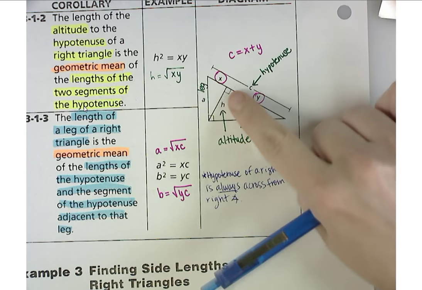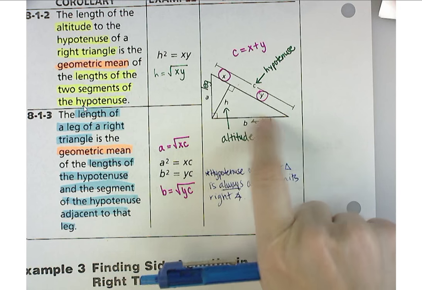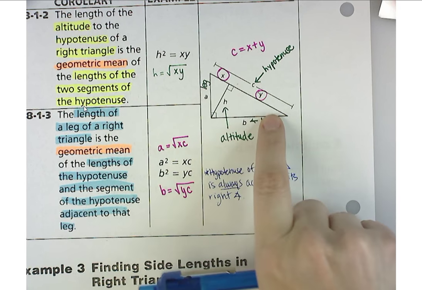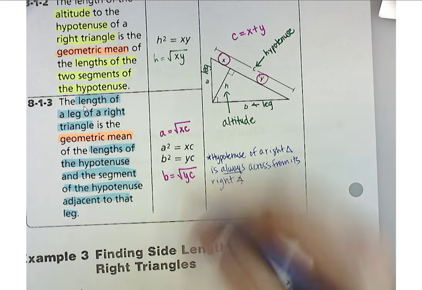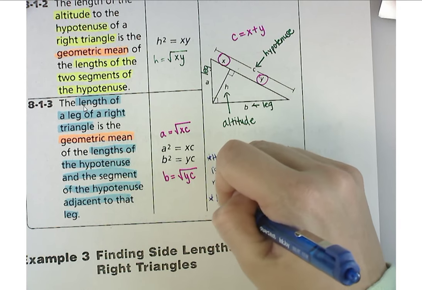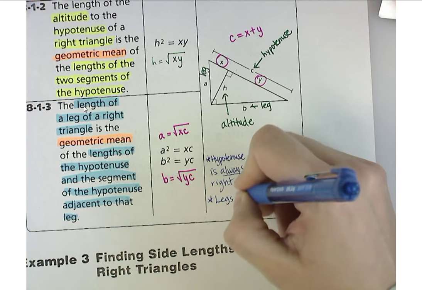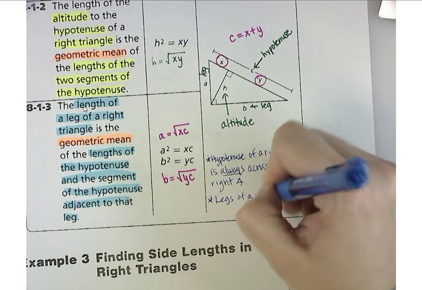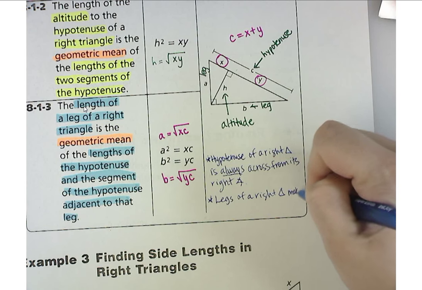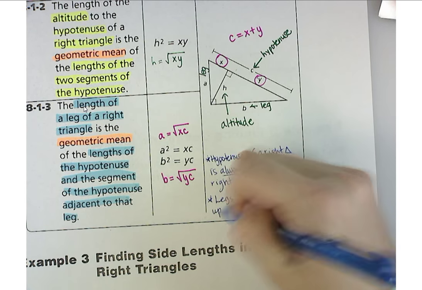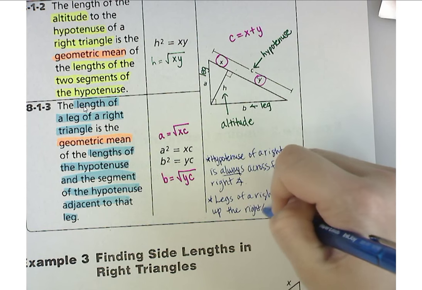Notice that there's two right angles in here. One of them is for the whole entire big triangle that you have here. That's what's making it a right triangle. Remember that the legs of a right triangle make up the right angle itself.